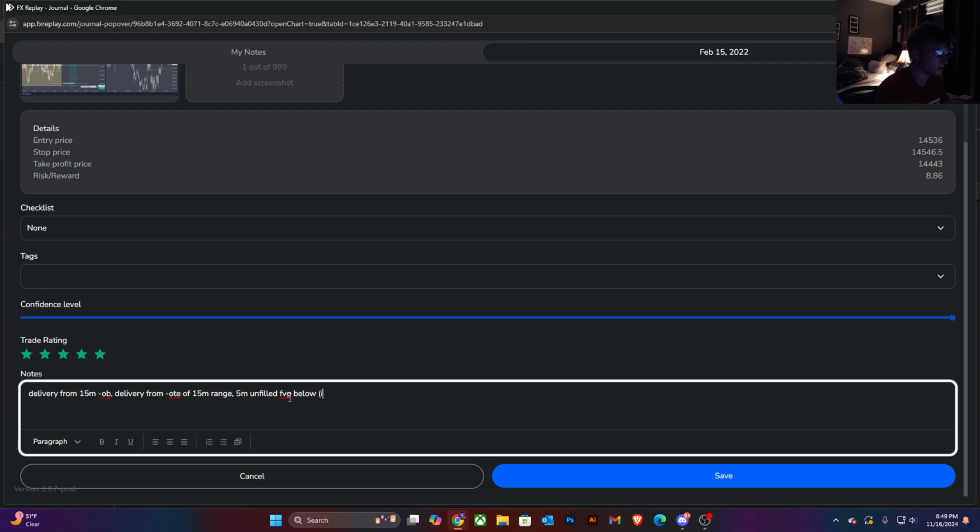See, this is the internal. Unfilled for value gap below. External draw. Premium. Hold up. OTE of the range. OTE slash premium.